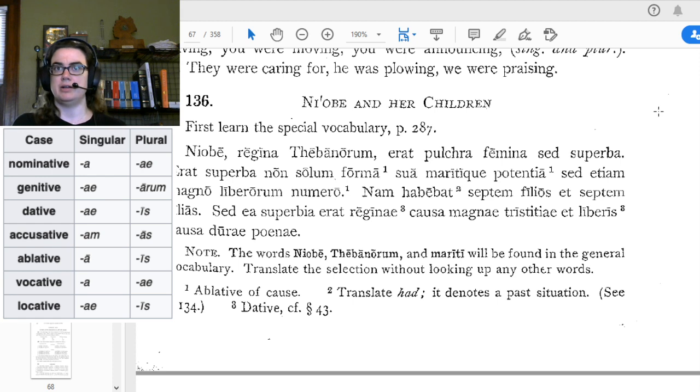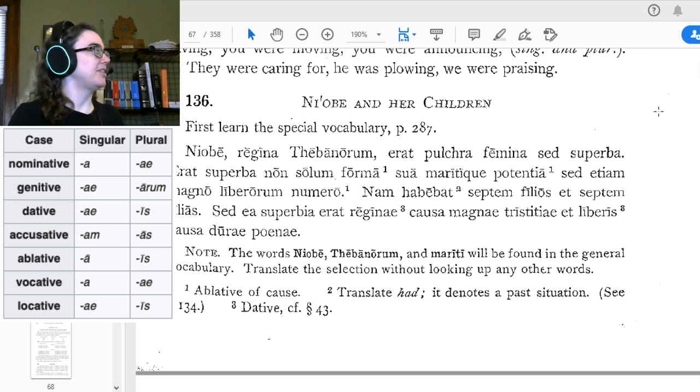For in fact, nam habebat, she used to have 7 sons and 7 daughters. But this arrogance, ea superbia, was the cause of great sadness, magnae tristiae, to the queen, reginae, and was the cause of a harsh penalty, durae poenae, to her children, liberis.